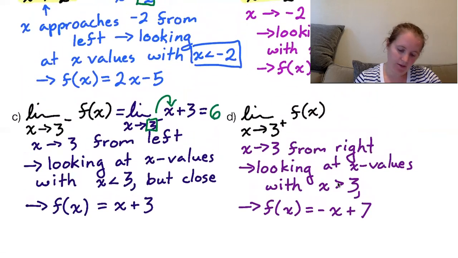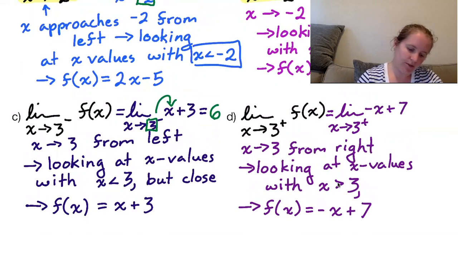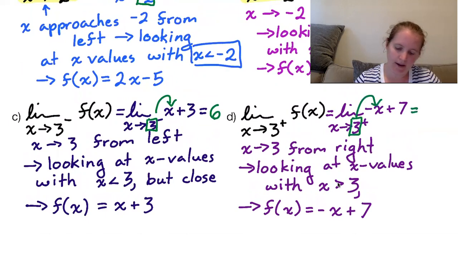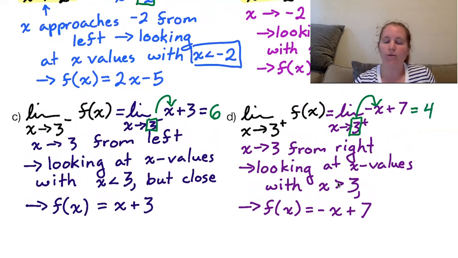So our limit is essentially the limit as x approaches 3 from the right of -x plus 7. Again, that's a polynomial, so we can take that 3 and simply plug it in. And -3 plus 7 is simply 4.